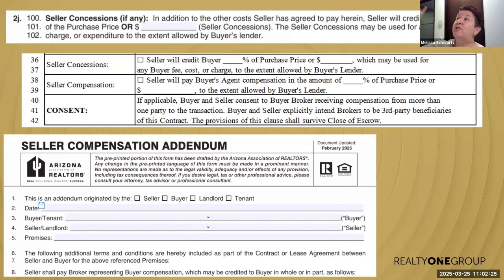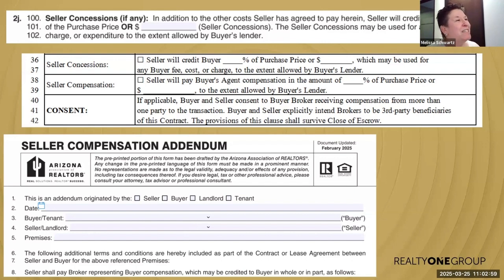Now, remember those 3 lines I read up there, and think about if you throw away the seller compensation addendum and just write in a counteroffer, seller agrees to pay the buyer. That removes the ability, 1, to receive money from more than one party, 2, that your third-party beneficiary is the contract, and 3, that the provisions survive close of escrow.